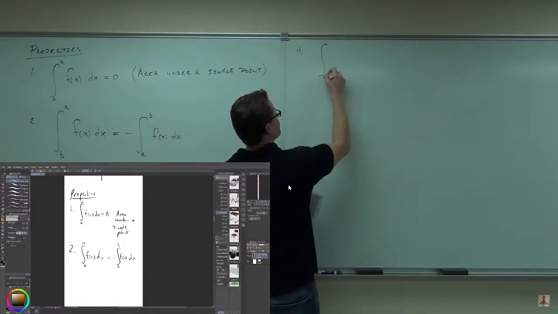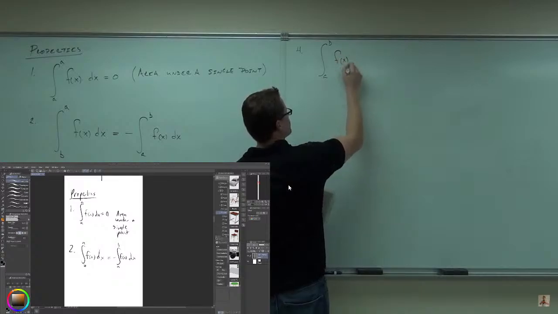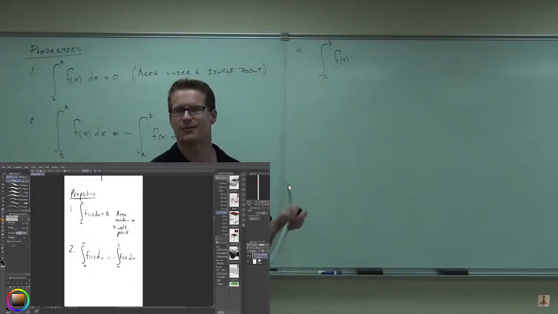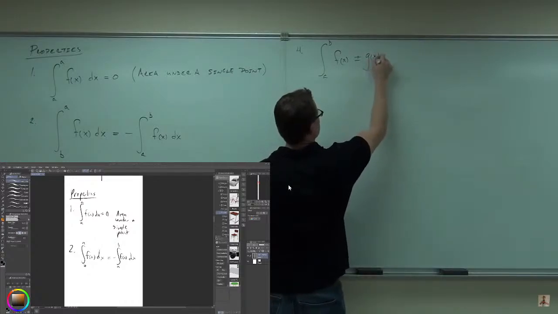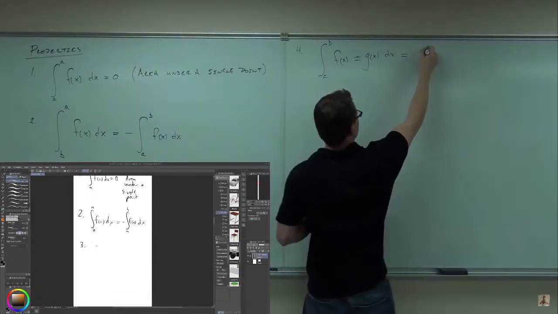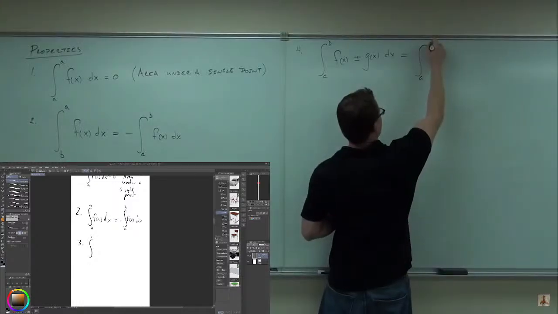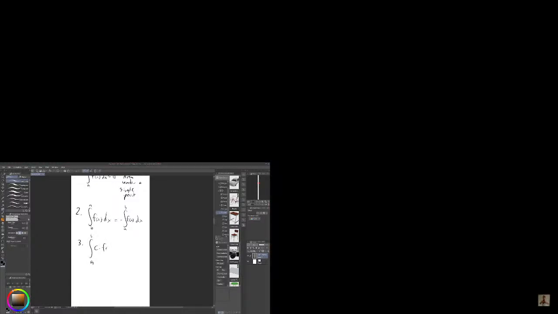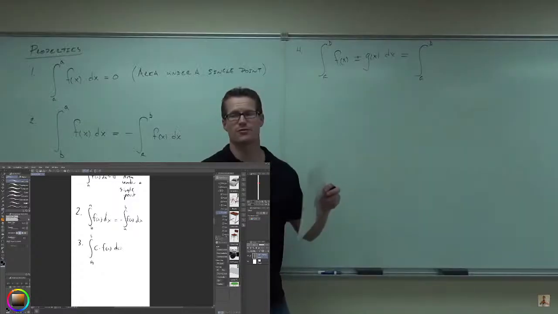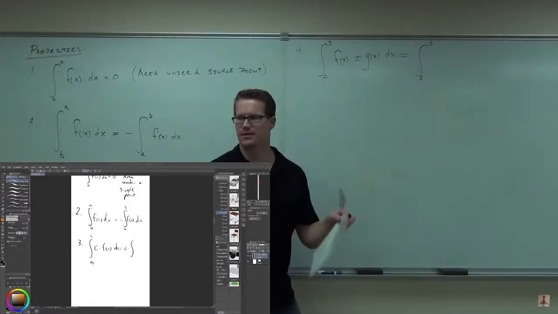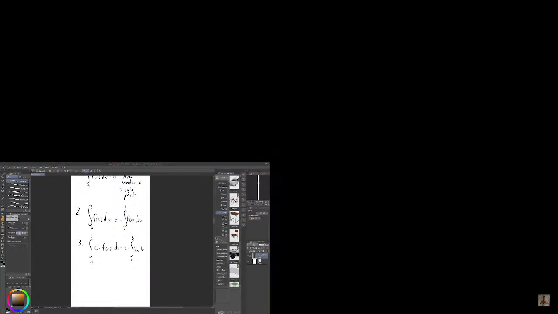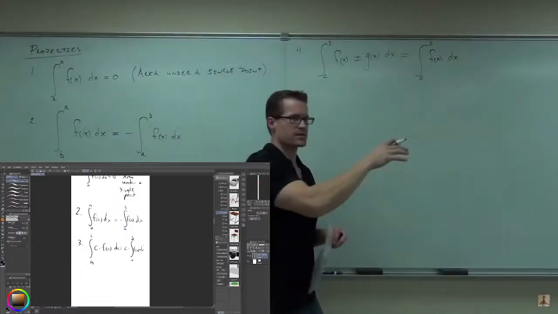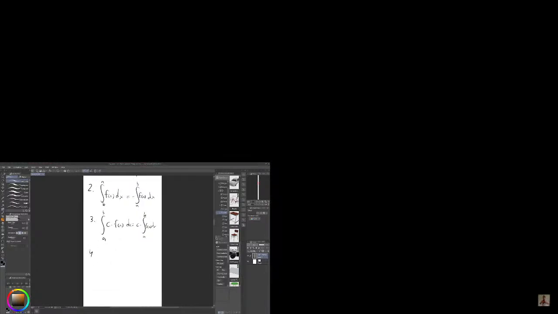If you have any sort of functions in terms of x being added or subtracted, you can split those things up by addition and subtraction, as long as you don't change your bounds of integration. It basically says, integral from a to b of f of x plus g of x or f of x minus g of x, split it up. We've already done this several times with indefinite. I'm just telling you now this also works with definite integrals. Also, don't forget your dx. That's got to go with both of those integrals.